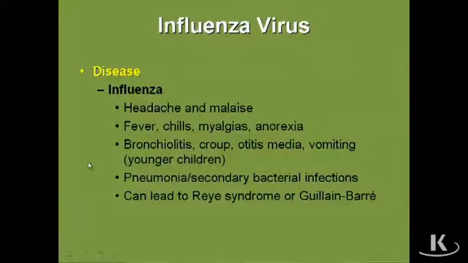The flu damages the respiratory tract, secondary infection causes pneumonia, and that's usually the cause of death. Influenza virus is also associated with Reye's syndrome as well as Guillain-Barré. And remember, we talked about Reye's syndrome with VZV, and we've also talked about Guillain-Barré with Campylobacter infections, okay?